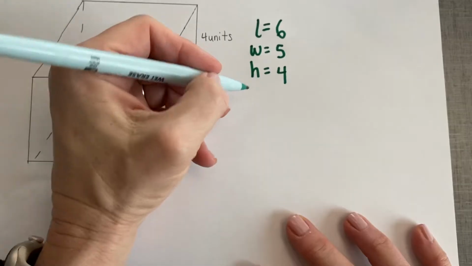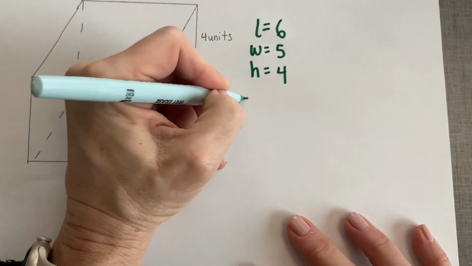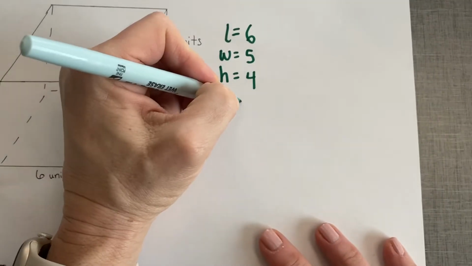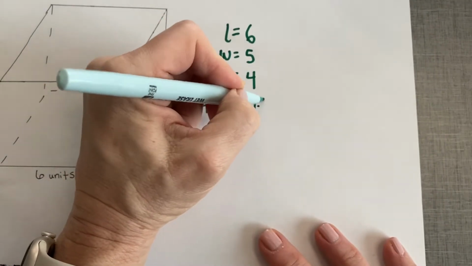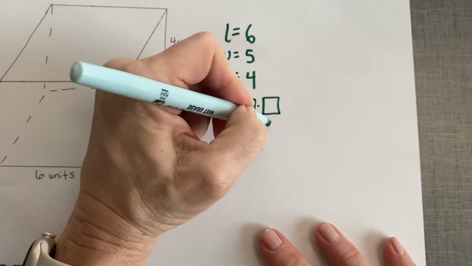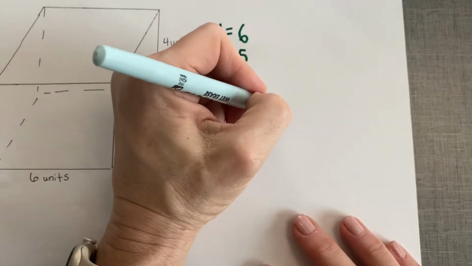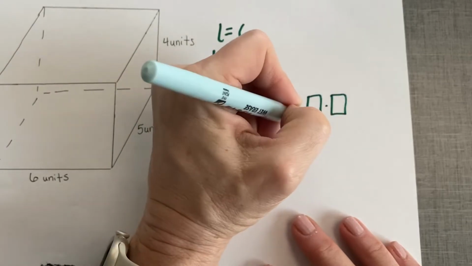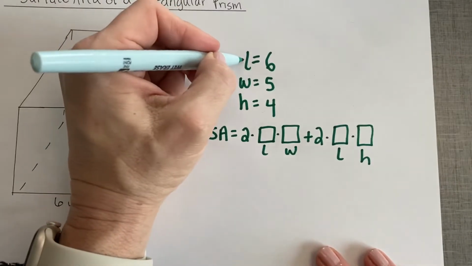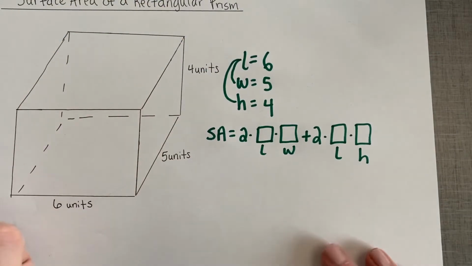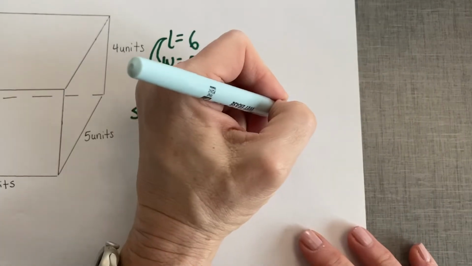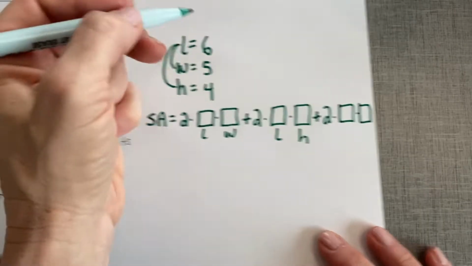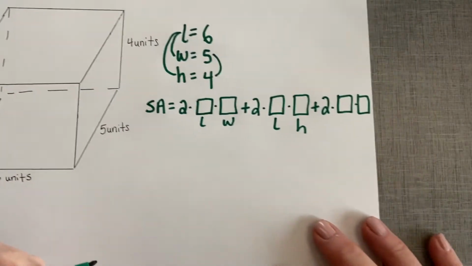If we run these numbers through surface area, we know we have a 2 times, and then we know we need a length and a width, LW, plus a 2 and a length and a height, LH, because you know how we do, L to W, L to H. And now, finally, a 2 and a width and a height, which is these 2. So let's plug them through.